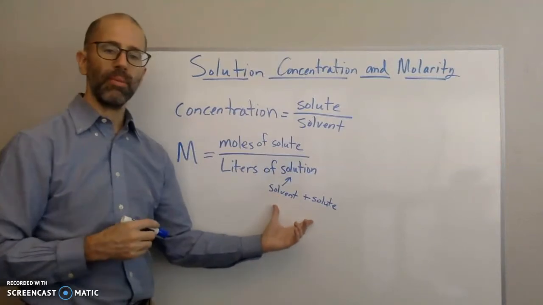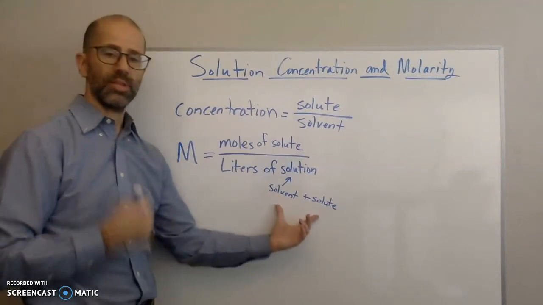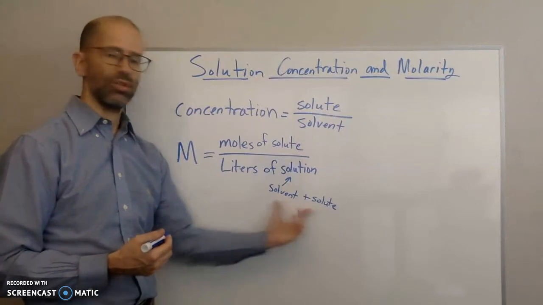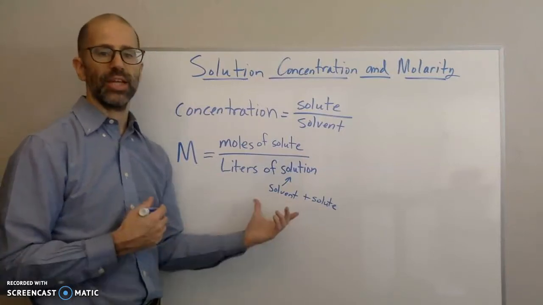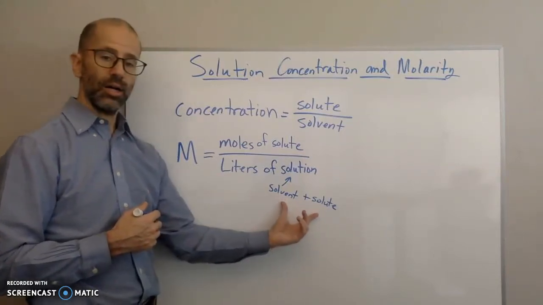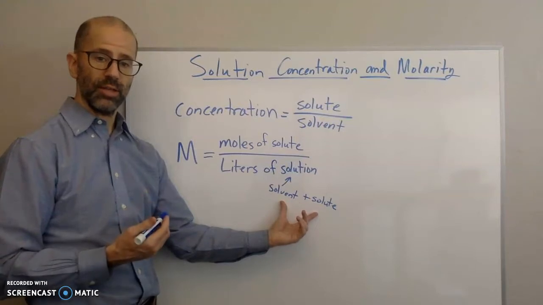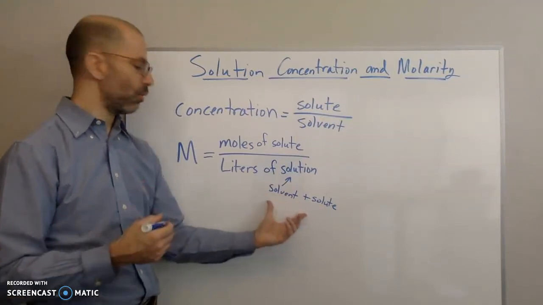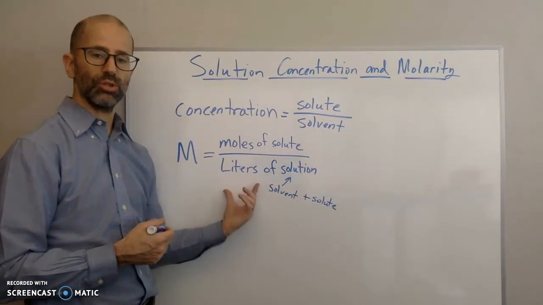It's really important to remember that because there may be times where they're asking you questions or giving you problems where you'll need to calculate the mass, or they give you the mass of the solution, and they might give you density or something like that, and you'll have to figure out what the volume of the solution is.